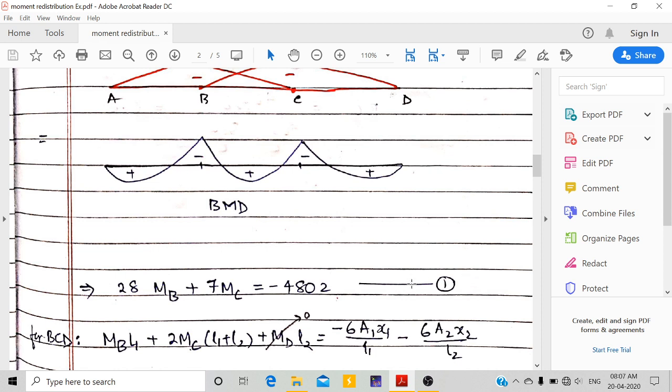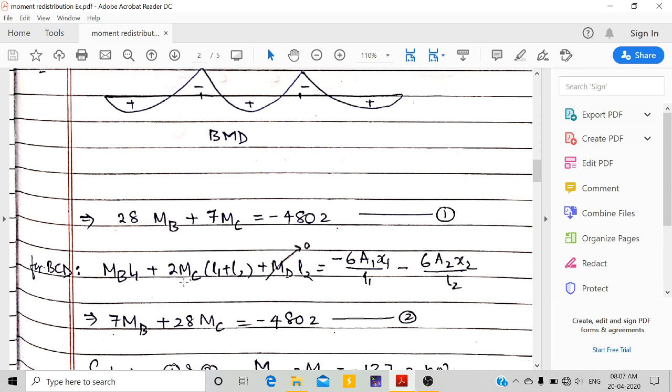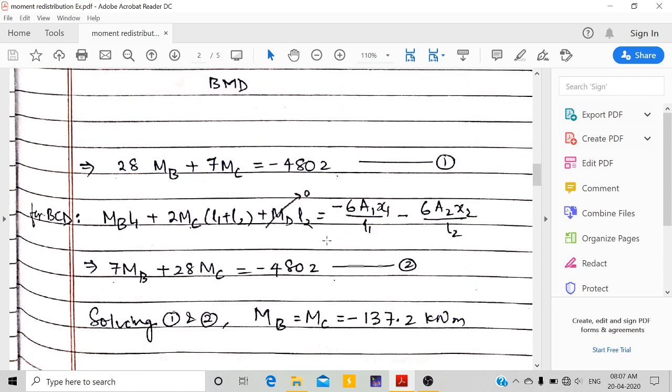This is the first equation. Similarly, for BCD, MB into L1 plus 2 MC into L1 plus L2, plus MD into L2. Here MD is 0, and this is equal to minus 6A1X1 by L1 minus 6A2X2 by L2.